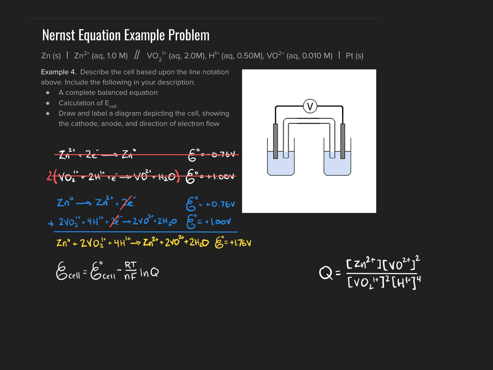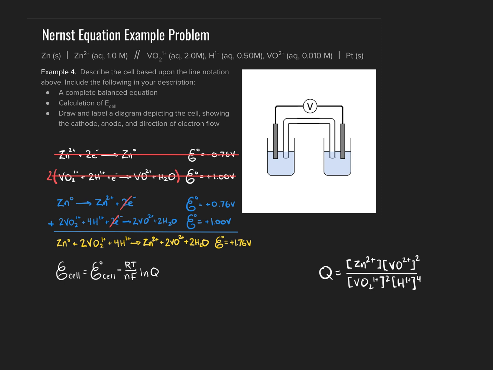And recognize here, folks, that I have left out of my system the elemental zinc metal, as a solid phase species does not get included within a K expression or a Q expression. And also the liquid phase water will also not be included within that Q expression as well. So I've got a defined ratio for Q.